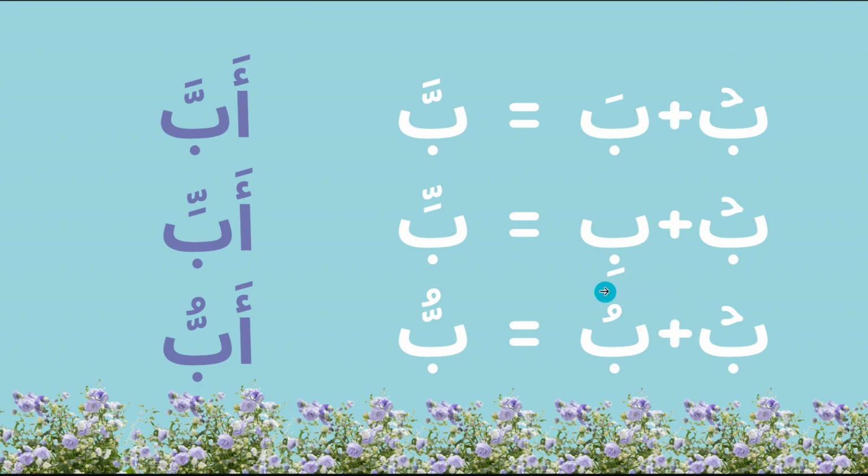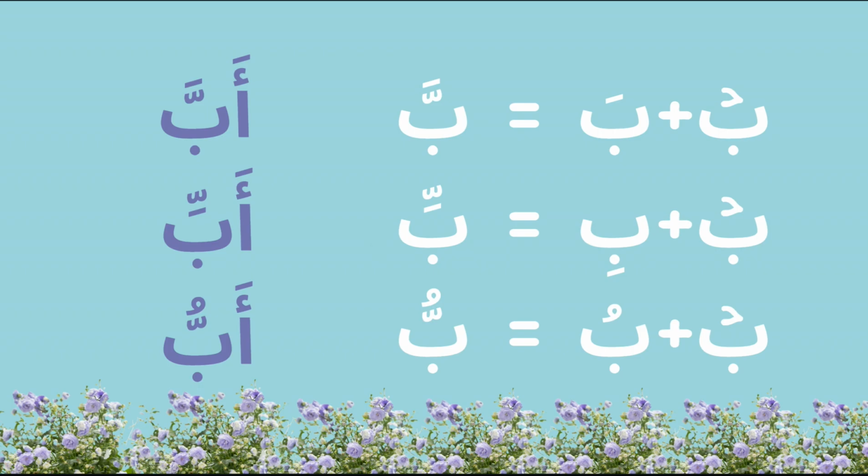It's the same letter. Two same letters, identical letters, meeting each other in one word. The first one is a sukoon, the second one has a movement, then they are written like this, and this is called they merged.